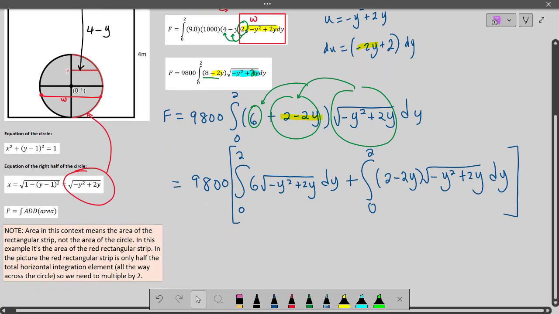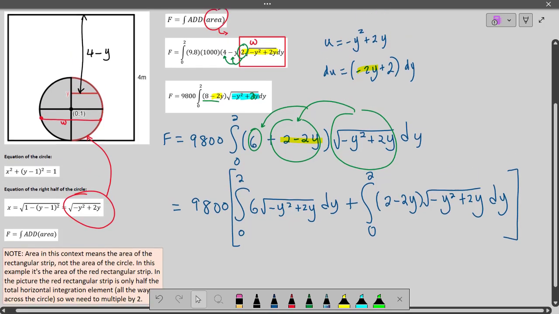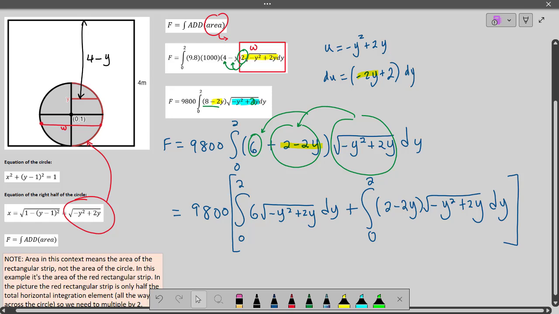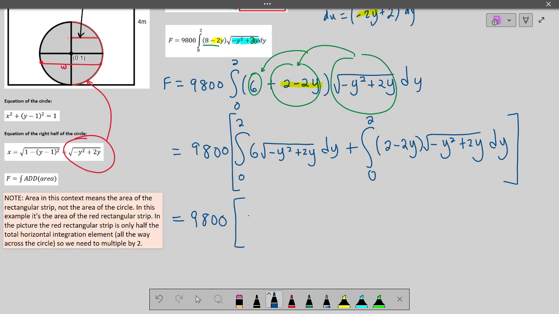So, there we have our thing. Let's do one integral at a time to minimize the complexity. Let's just focus on this right integral. We're going to let u be that, and du is the outside. We're going to leave this other stuff alone for a moment. I'll factor the 6 out to the front.